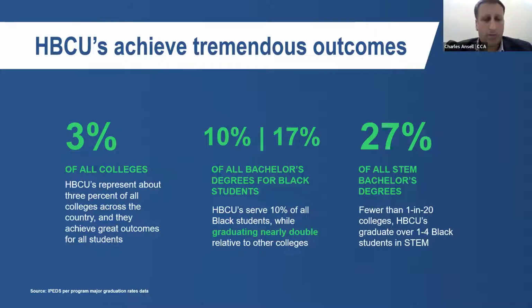So, before diving into all that, one thing that's very important is that HBCUs already do achieve tremendous outcomes. Anything that I'm talking about here is about moving the needle further, and with the understanding that HBCUs have been largely underfunded and unjustly funded for many, many decades.